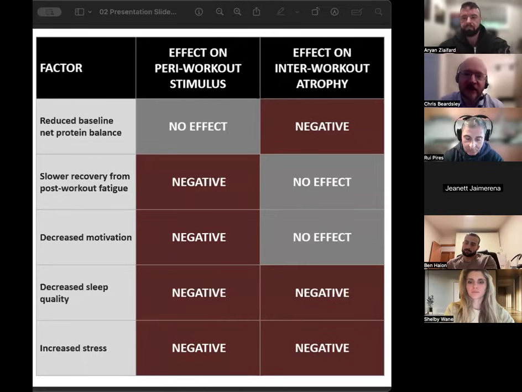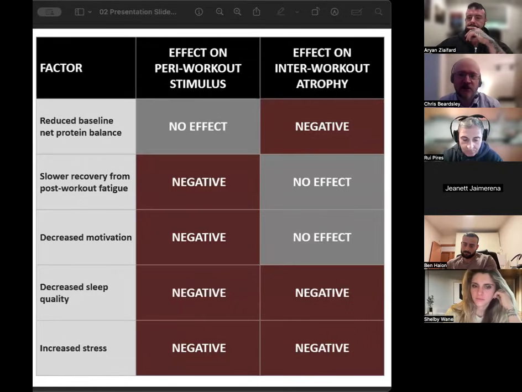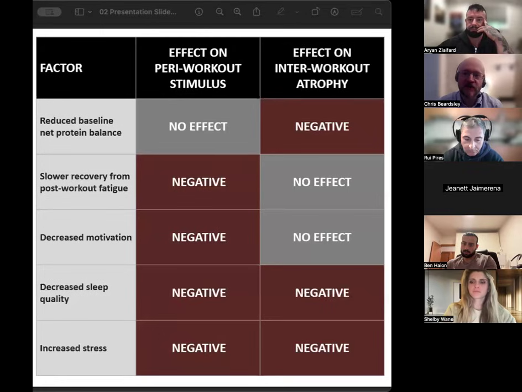But I think it's really interesting that if you look in both the animal literature and the human literature, a small caloric deficit of a couple of hundred calories a day doesn't really seem to lead to muscle loss during a strength training program. But if you go above about 500, or say maybe 20% of normal caloric intake, you are going to be at risk of a territory where you're going to start to perceive that as a stressor.